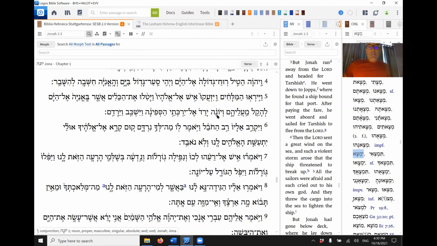And then we have the parallel clause, Jonah had gone down with a katal verb, yarad. Jonah had gone down to the hold of the ship, or the inner part of the ship. And then we have, again, two more narrative clauses. He lay down, vayishkav, Jonah laid down, vayeradam, he fell fast asleep.